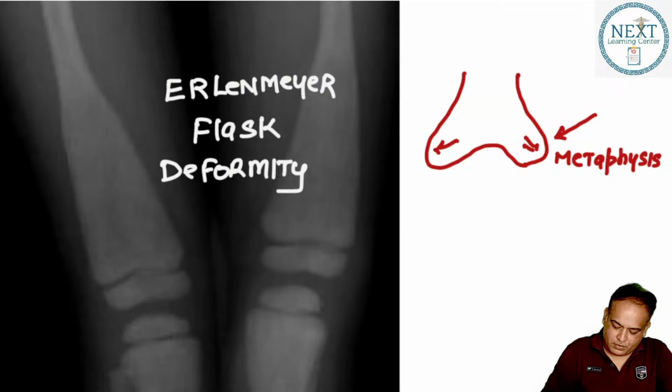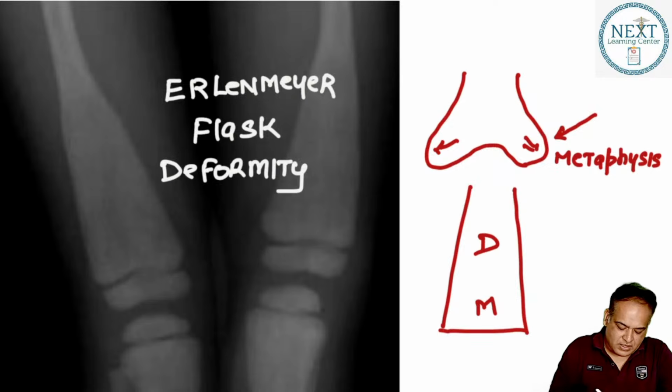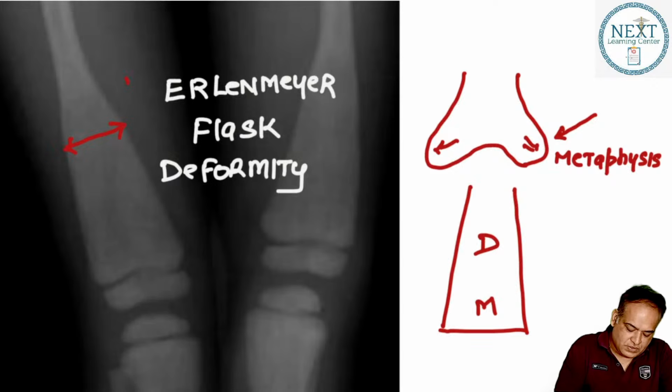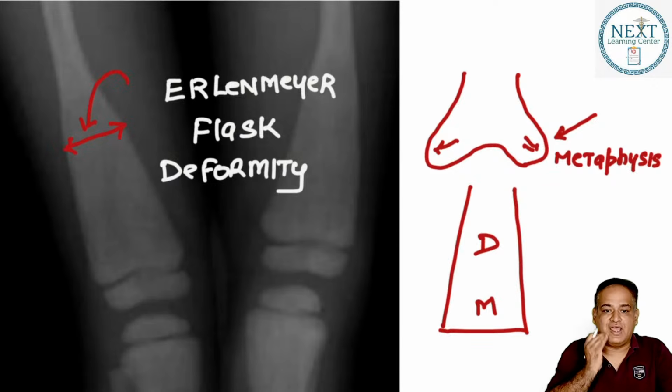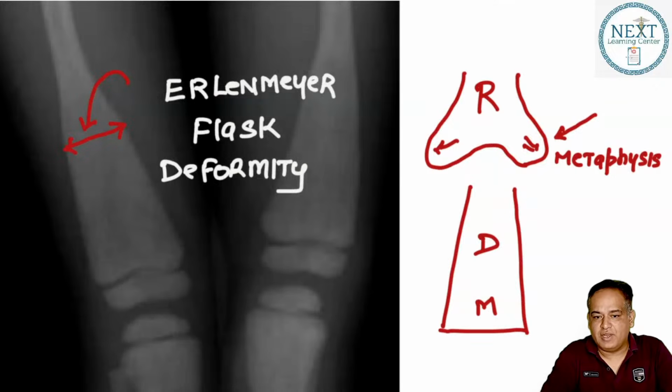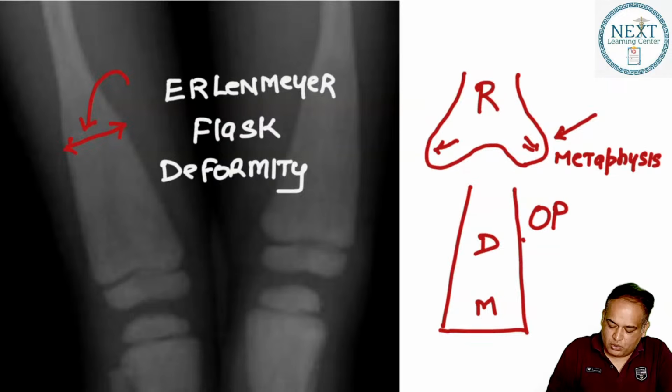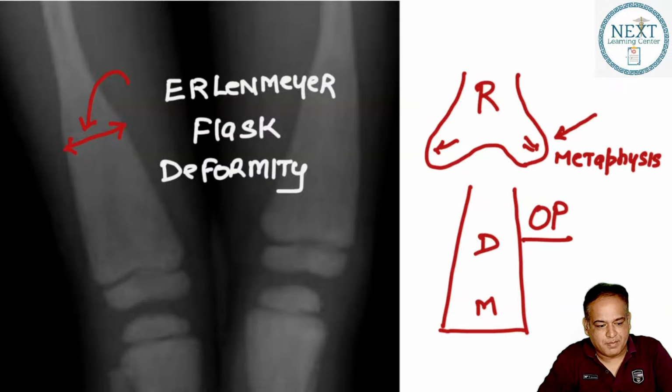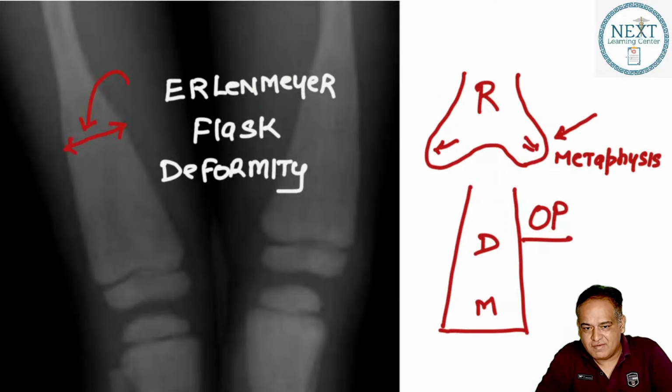Whereas in osteopetrosis, changes even extend up to diaphysis. अब देखो जी, ऊपर तक चली गई, fine. So you see this thickness is extending up to diaphysis also. So that is the shape of bone in rickets, and this is the shape of bone in osteopetrosis, marble bone disease, fine.